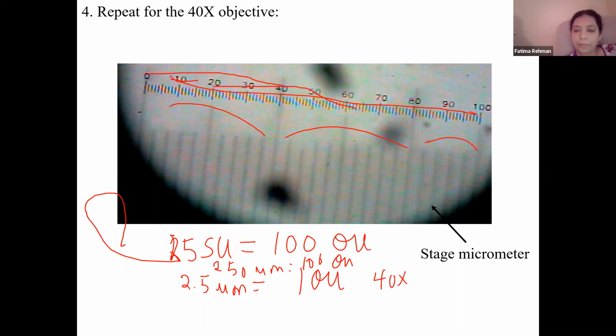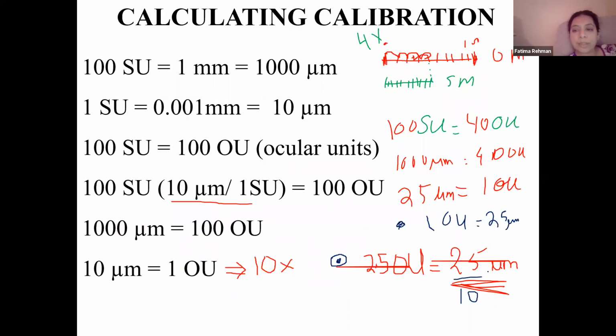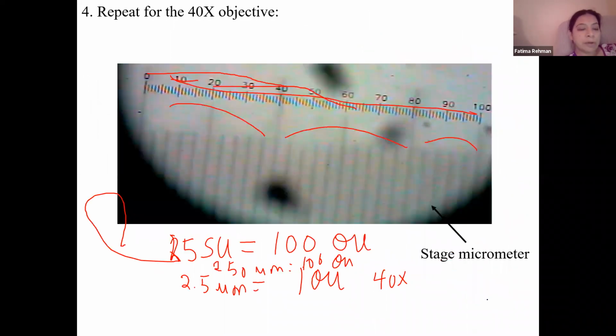The same way, if you know the length of a cell, you can just simply divide it by the calibration to know how many ocular units it's going to be. So 25 micrometers is the total length, and 2.5 micrometers is the length per ocular unit. How many ocular units is it going to be?